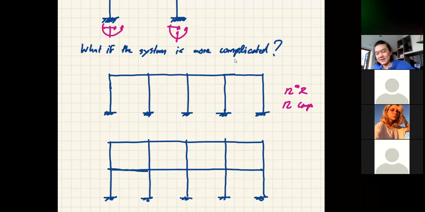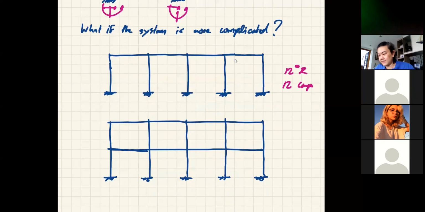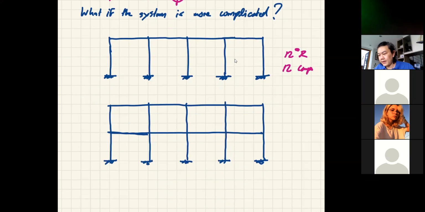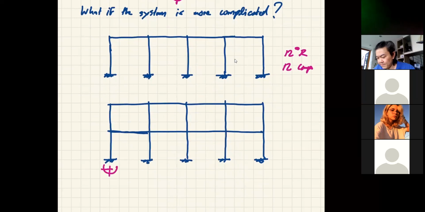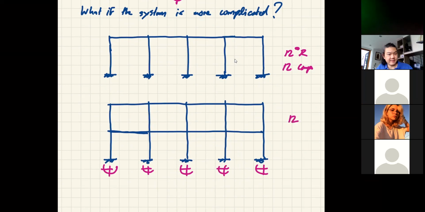You know what? The answer is no. Let's take a look at this. Let's say this one, you have 15 reactions, correct? 3 at each support. So we already have 12 degrees of redundancy due to the reactions alone.